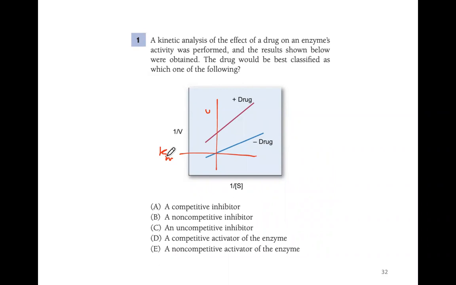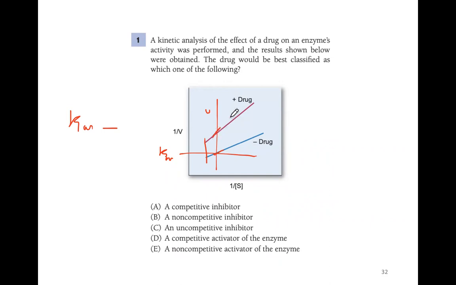So one of you is saying B and 2 are saying C. Let's see. So here the Km, they're almost at the same point. So Km, no change. And here is the Vmax. When the drug is not present, here's the Vmax. And here with the presence of the drug.